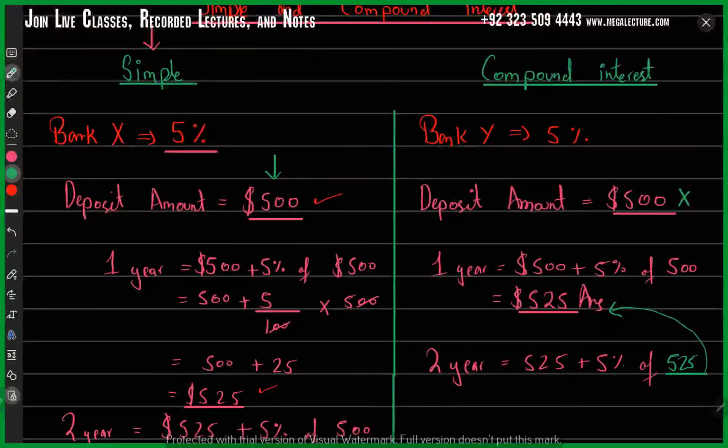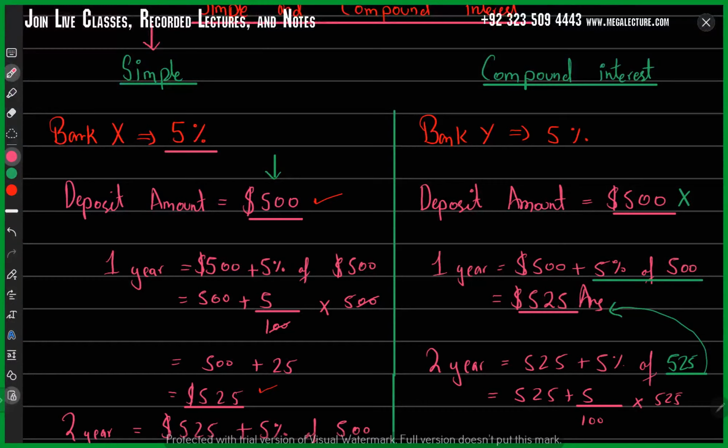So after 1 year, I have 525, that is basically 500 plus 5% of the previous amount. In the first year, the previous amount was whatever I had deposited in the bank. But for the second year, I would have 525 plus 5% of the previous amount, and this is going to give me 525 plus 5% of 525.